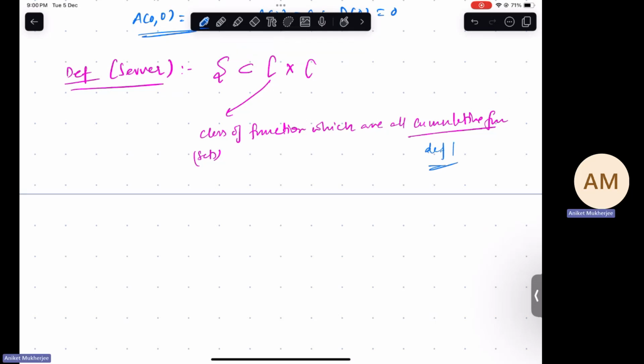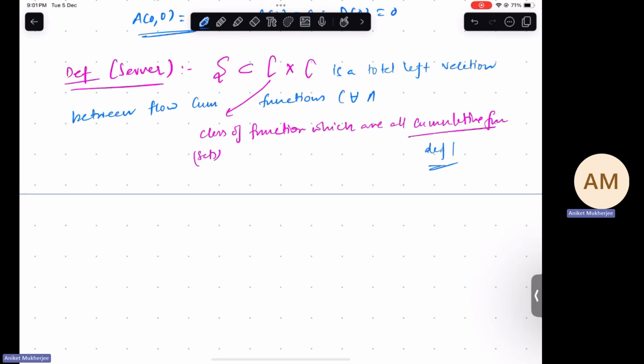So a server basically is a subset of a relation between the class of functions, and is a total left relation between cumulative functions. So how do you write this? For all A belonging to C, there exists D. So these are the cumulative arrivals. There exists a departure such that (A, D) belongs to S. So if you give A, there will always exist at least one D. There could be many Ds, so that it belongs to the server.